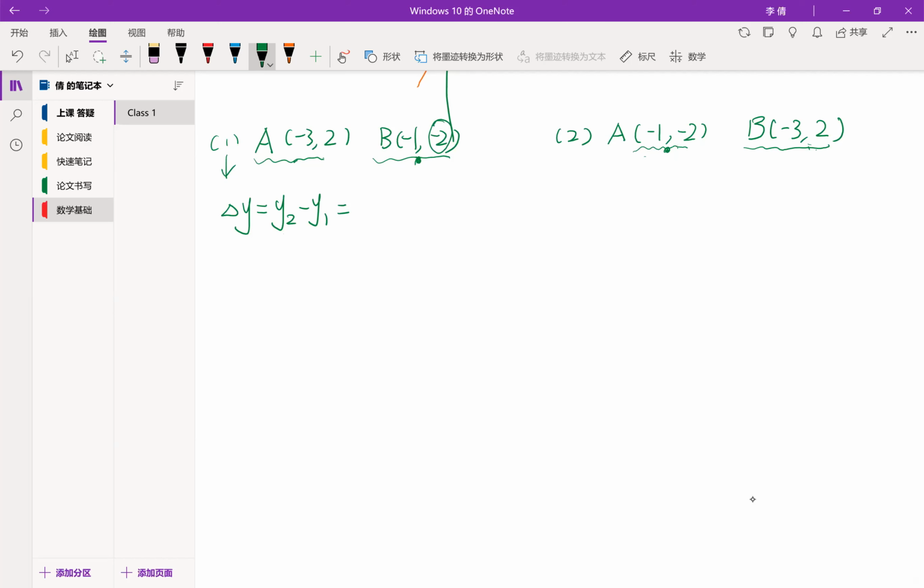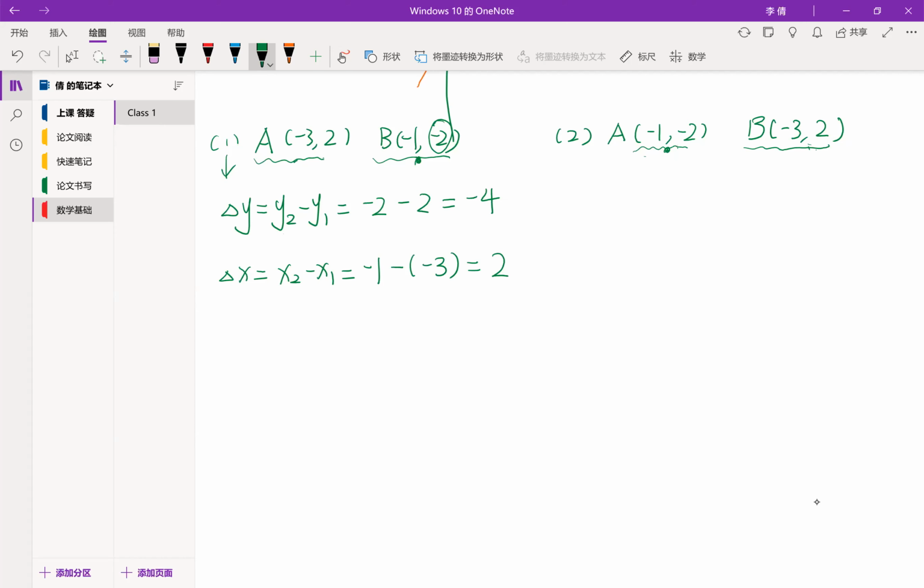So this is -2 minus 2, which is equal to -4. And delta x is equal to x sub 2 minus x sub 1, which is -1 minus -3, right? And this will be equal to what? This is equal to 2, right?